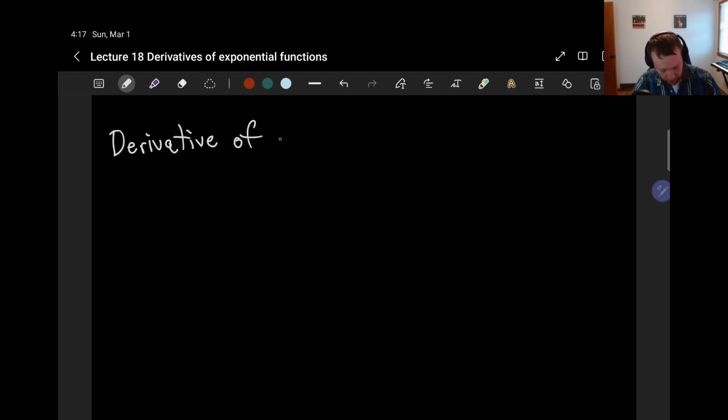The derivative of the natural exponential, e to the x.